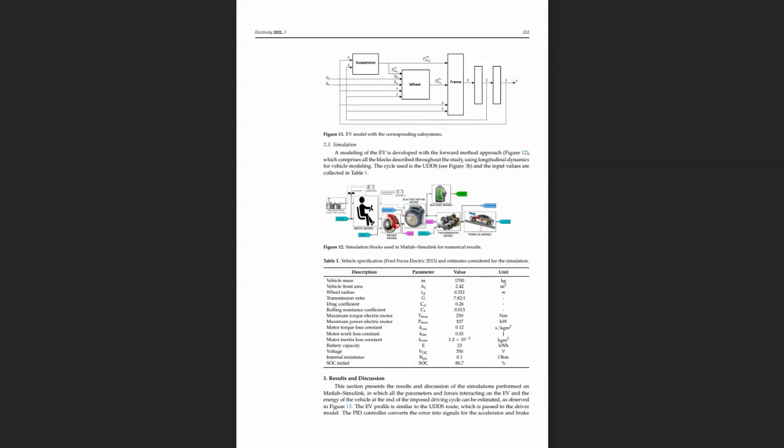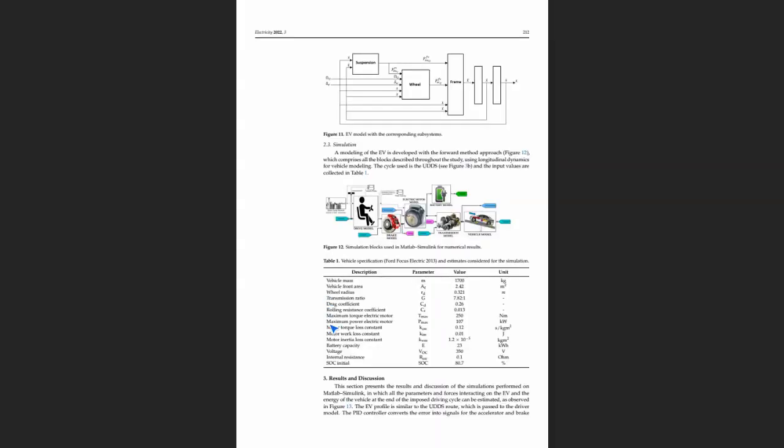Wheel radius is clear. Transmission ratio, this is the gear ratio, 7.82. Drag coefficient, rolling resistance, yes.